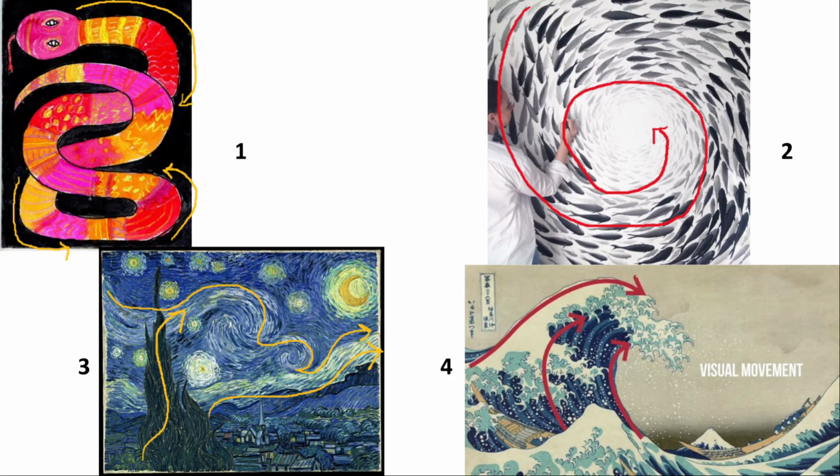And then we have Starry Night by Van Gogh for image number 3. He always has lots of movement in most of his work. So let's start with the white spiral wavy line in the background.